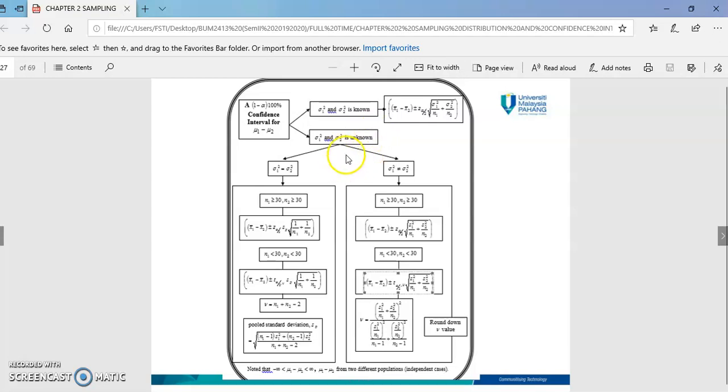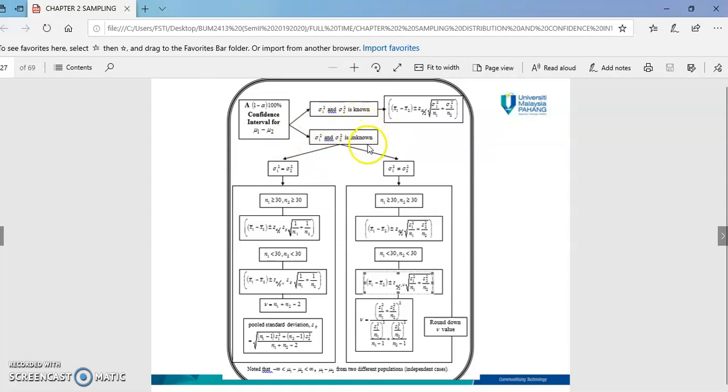From that data you can find the standard deviation and the mean. Whatever you calculate from sample data produces a statistic, so you will have S1 and also S2.